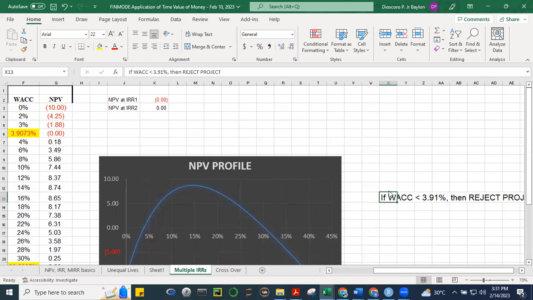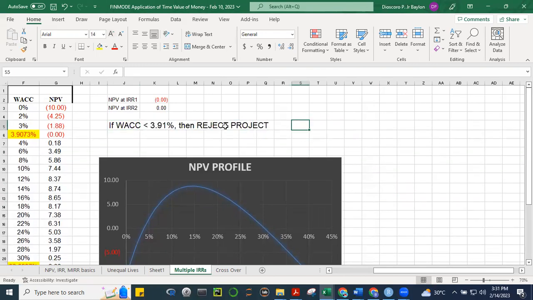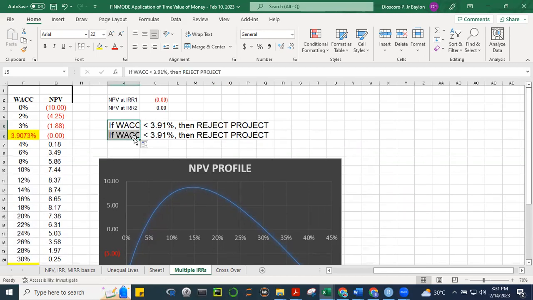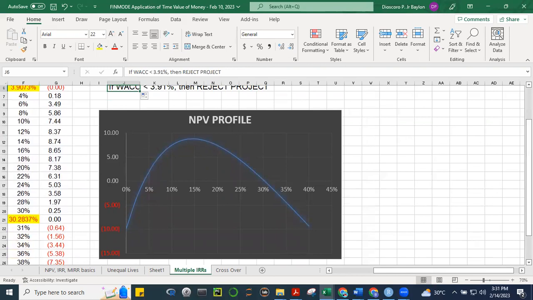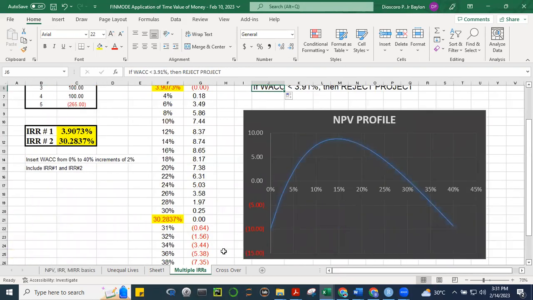Okay, take a look at this. If the weighted average is less than 3.91%, then reject natin yung project natin. Tapos, if the weighted average also is greater than 30.28%, pag mas malaki siya kaysa 30.28%, negative yung NPV natin. Dito yun. Here.